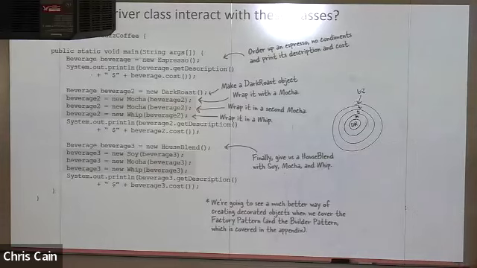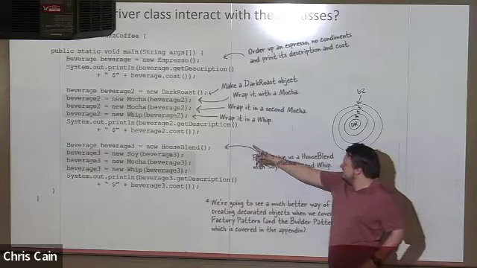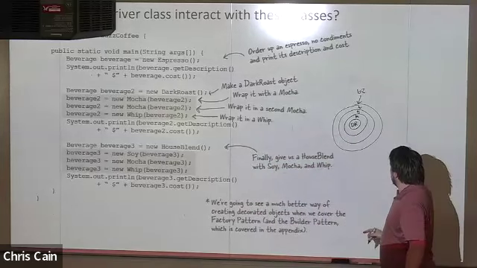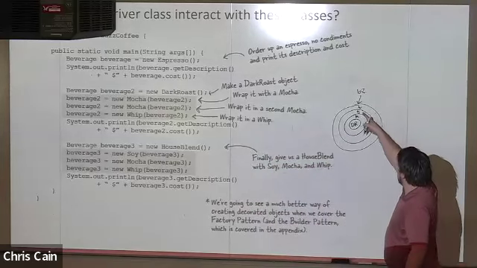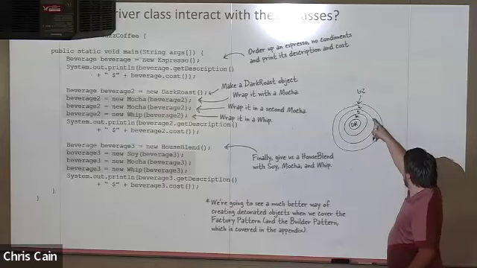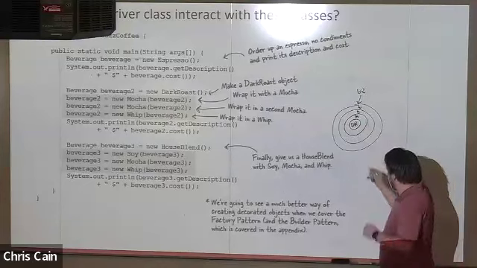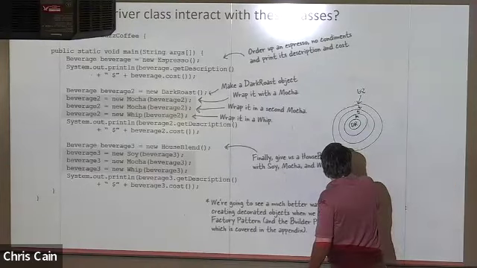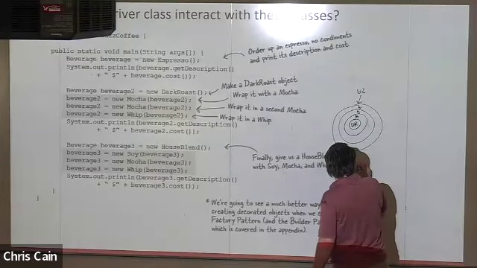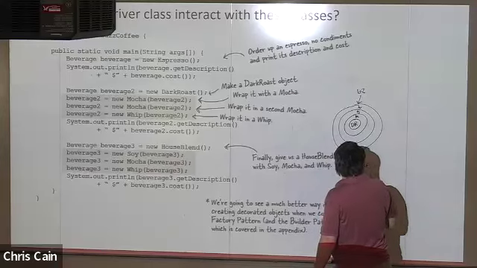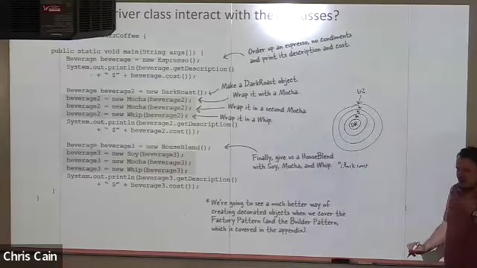and now beverage 2 is going to point at that object. Now, if we were to call beverage 2 dot get description, this would be a recursive procedure that would go down, down, down, down to the base case that is the dark roast. We would print out dark roast. And then we saw that there was comma mocha.